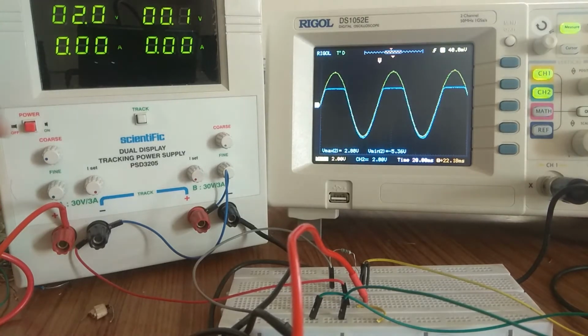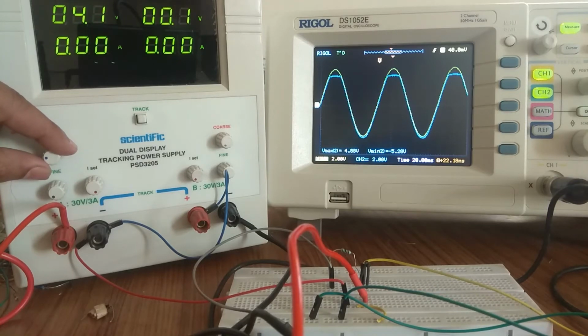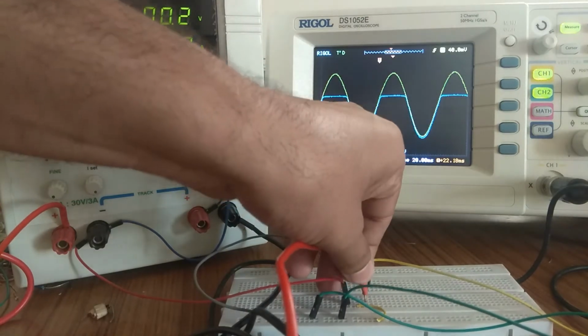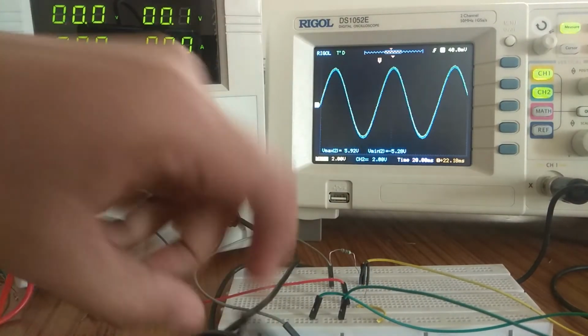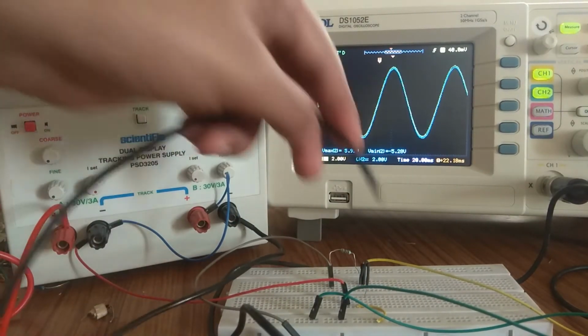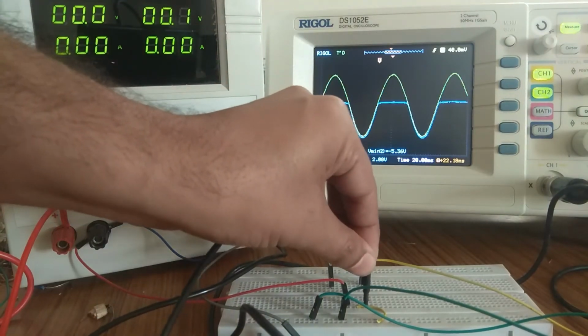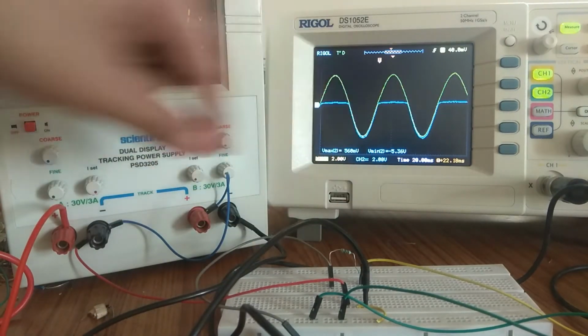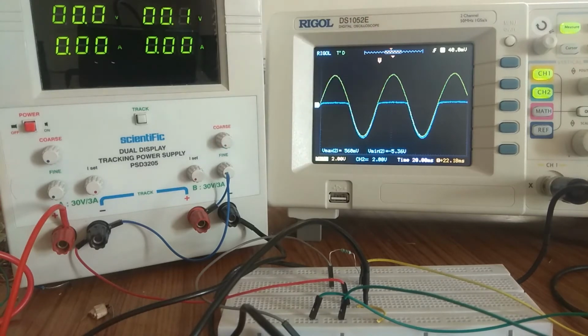Now if you increase, it will be like a positive clipping. Now I am going to remove this one, and I am going to insert the negative reference. If I insert the negative reference, see, your output has come to this level. Now let me increase this reference.